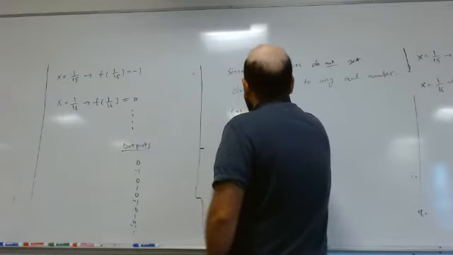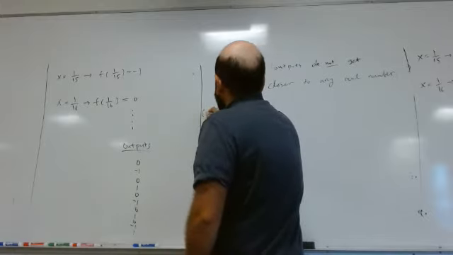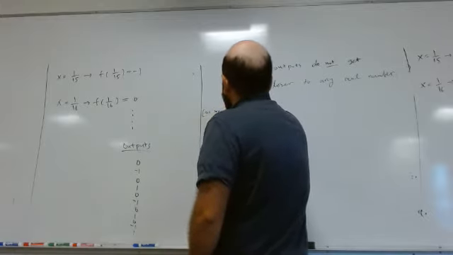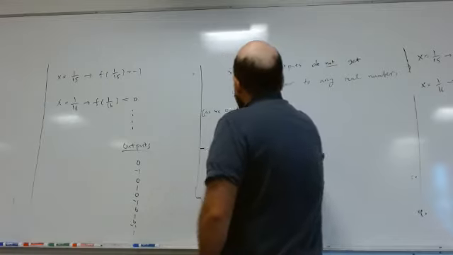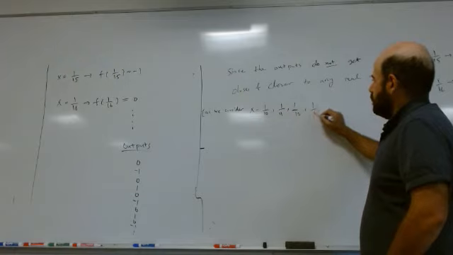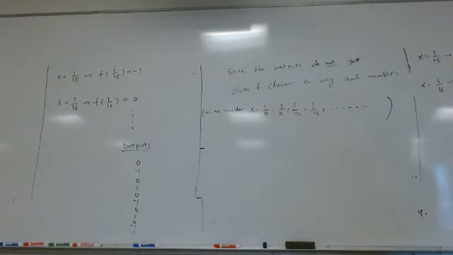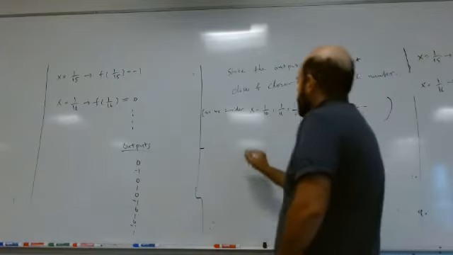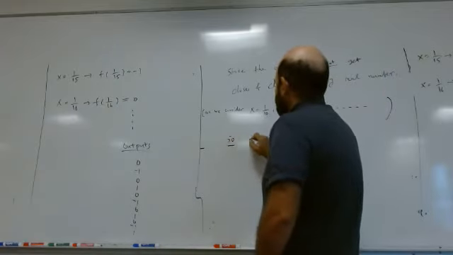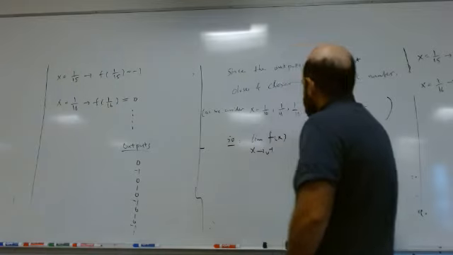as we consider x equals 1 over 10, then 1 over 11, 1 over 12, 1 over 13, we can conclude that the limit of f of x as x approaches 0 from the right does not exist.